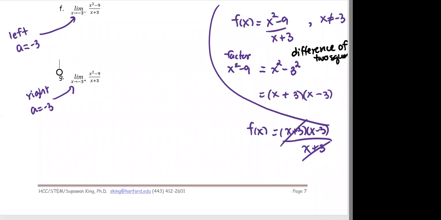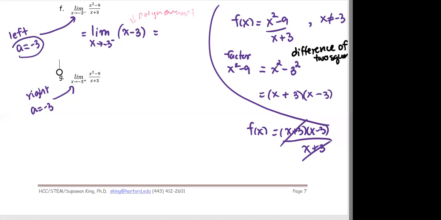After you reduce, you get the expression x minus 3 as the leftover, the one that we did not cancel, nothing to cancel. And at this point again, it's in polynomial form. When you see a polynomial expression, what you can do is just replace the value and get the answer out.